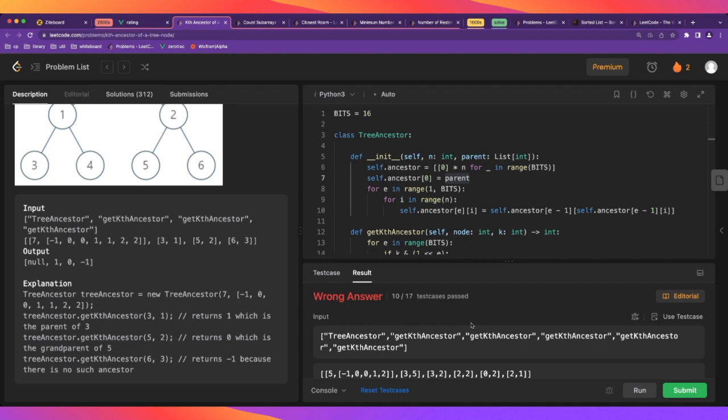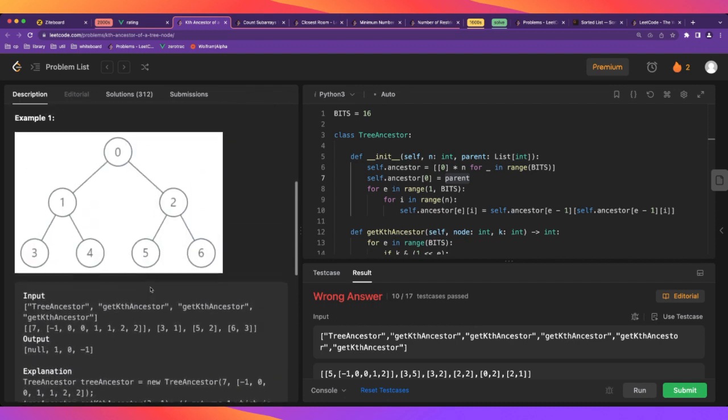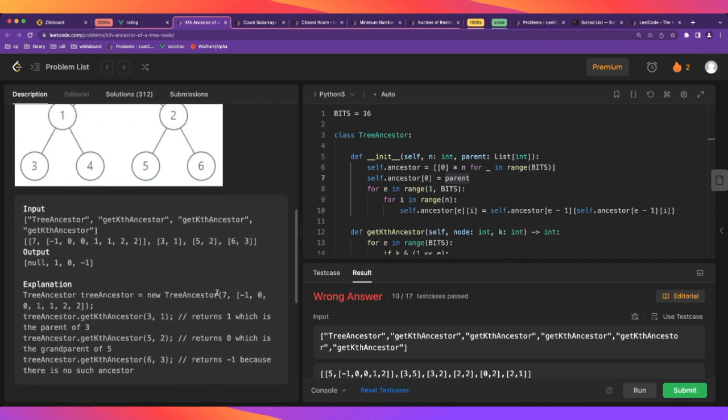Yes, there's a problem with the -1. There is a problem with the -1s, because when we jumped outside of the tree, so if we go up too far, we're going to get a -1, and then when we try to use that as a successor, we're doing something here.